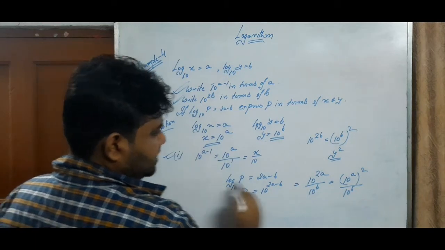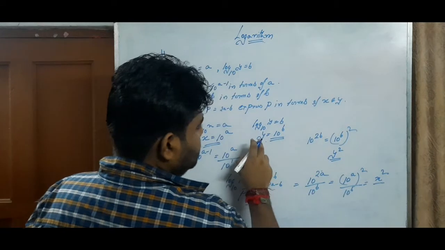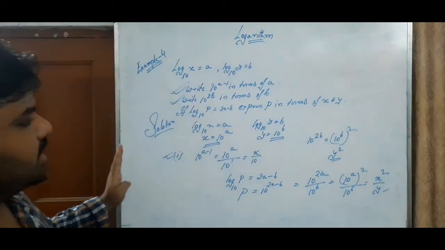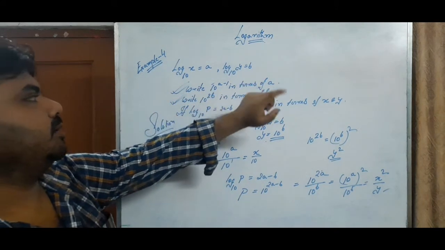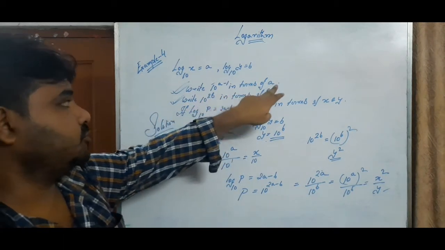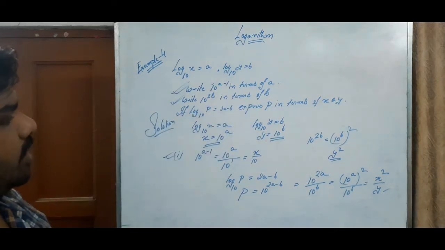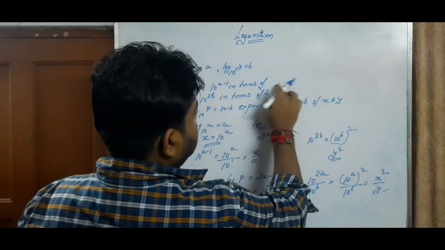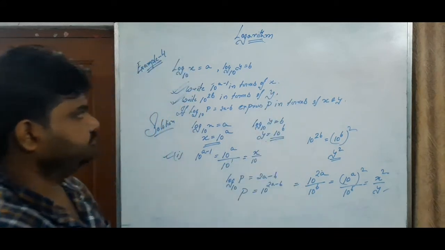Therefore, x square by 10 to the power b means y. That is x square by y. So this is how we can express 10 to the power a minus 1 in terms of a, 10 to the power 2b in terms of b, and so on. Just a second. It will be in terms of x. It will be in terms of y.